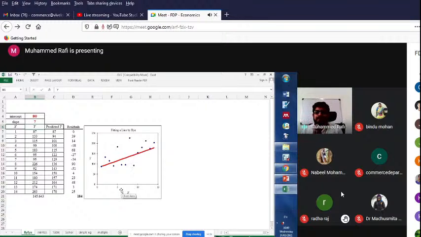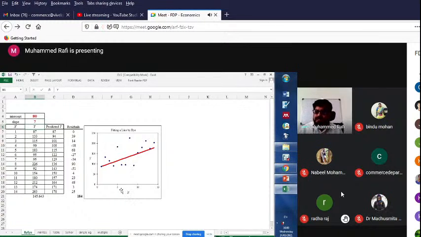Now, when you draw a straight line, you get both positive and negative values. And when they cancel out, you get the sum of the error equal to 0. So you should not go for a method which minimizes the error. There should be some alternative method, right?